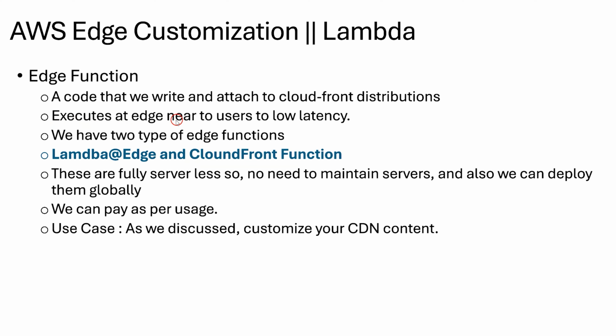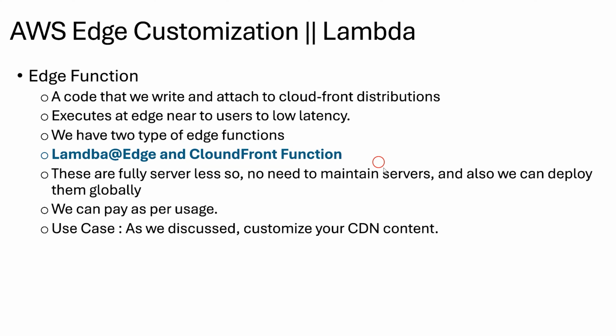As we discussed earlier, the edge function executes custom code at an edge location which is nearer to the user. So the user will not wait for a long time, and it provides low latency for the user. We have two types of edge functions: one is Lambda@Edge and the other is CloudFront Function.